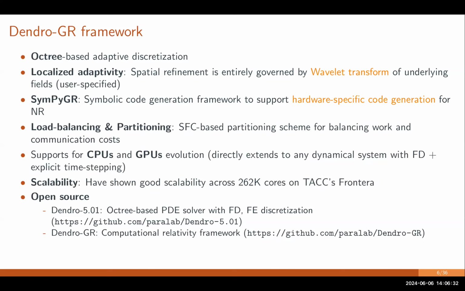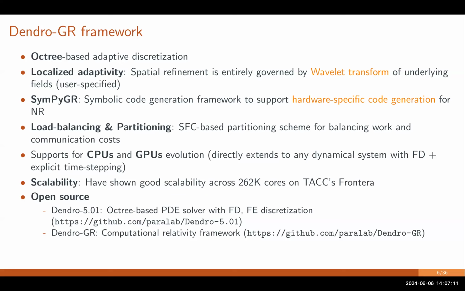A little bit about the DendroGR framework: there are many frameworks, of course, the Einstein Toolkit, the SpECTRE code, and other existing codes. These are some of the things that we want to highlight in the DendroGR framework. We use octrees for our spatial discretization, and using octrees with this wavelet transform, which I will explain, we can get localized adaptivity, where we don't have to specify a hierarchy of grids.